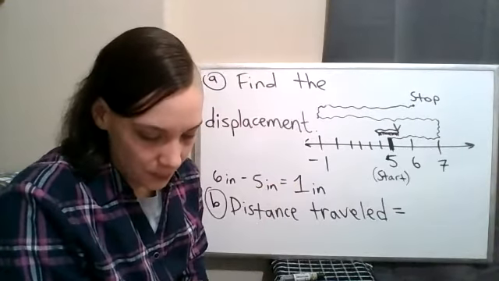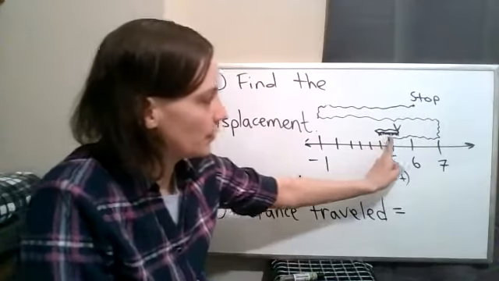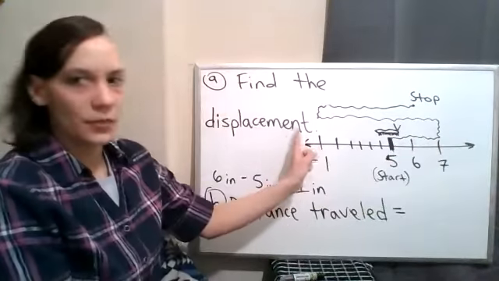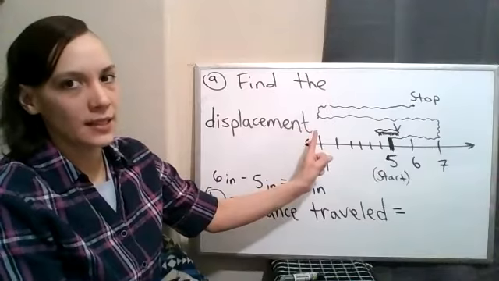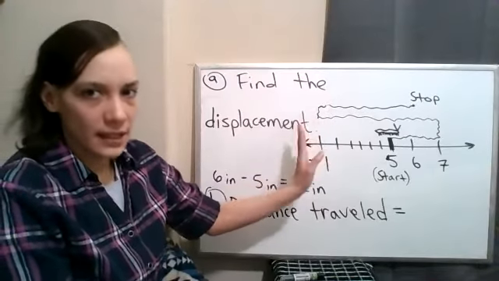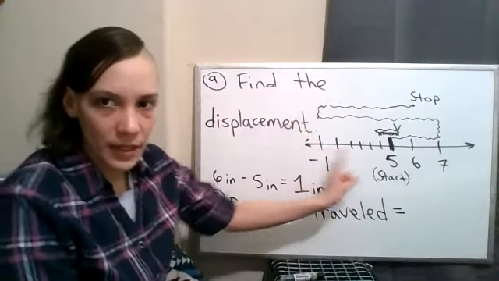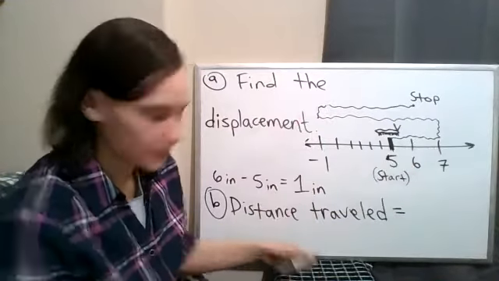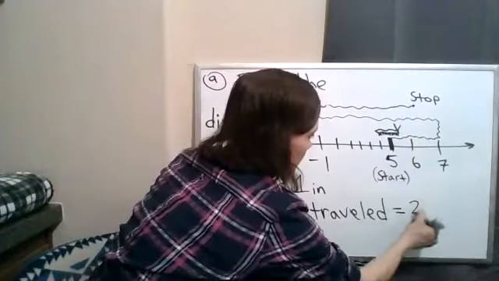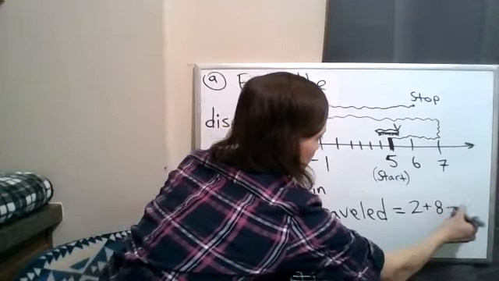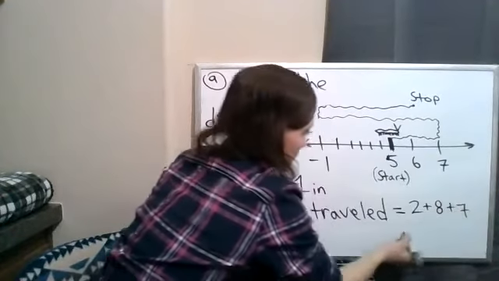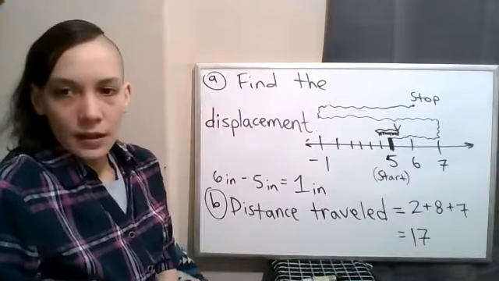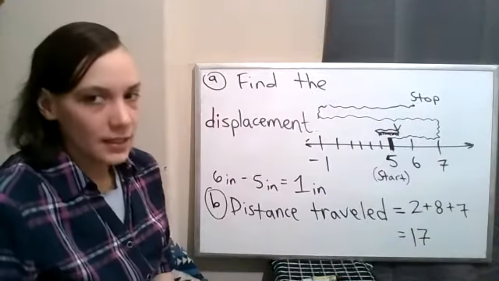Okay. So from 5 to 7 is a distance of 2. From 7 to -1 is a distance of 8. So add those together. And then the last one we're going to add is from -1 to 6, so a distance of 7. I think that's it. And it's in inches.